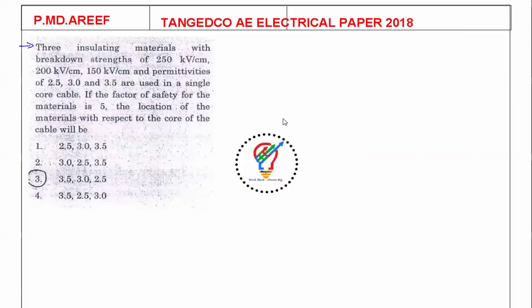Here the electrostatic stress is more at the surface of the cable conductor. So the conductor has more electrostatic stress here.